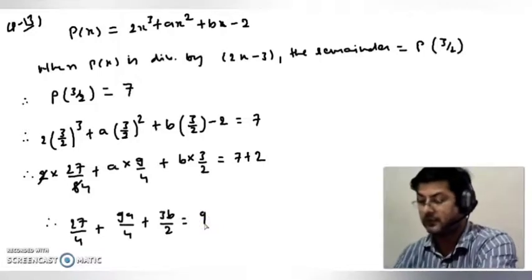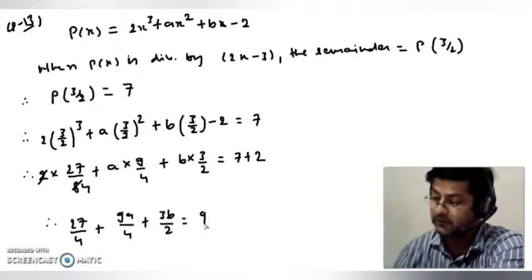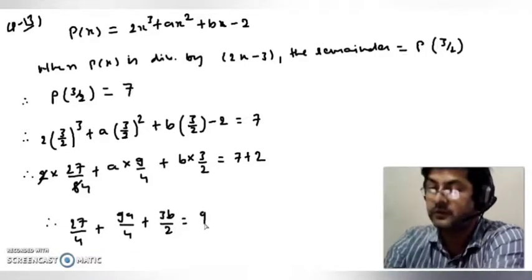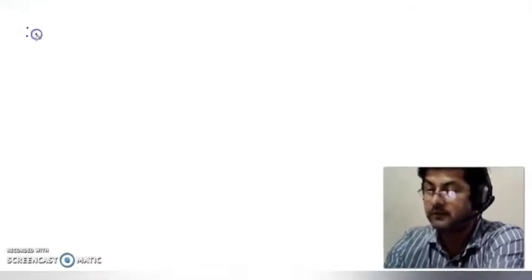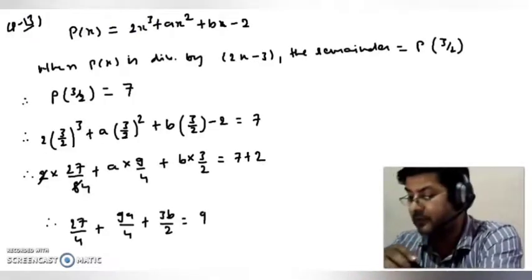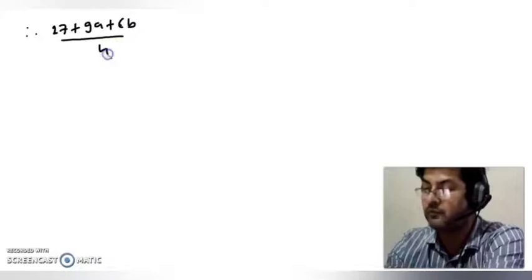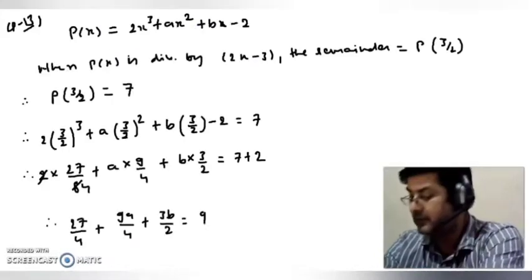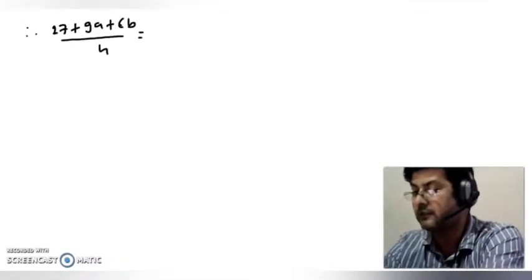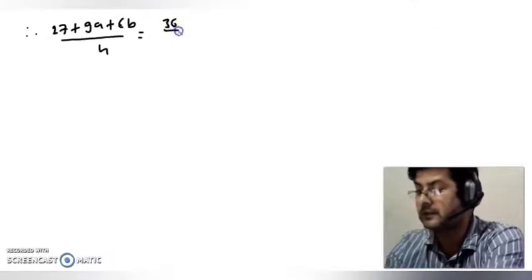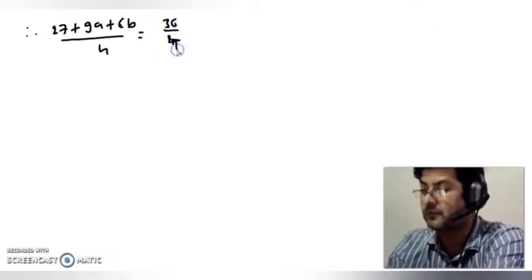Let us further solve. First, we can take 4 as the LCM, yes or no? Therefore, 27 plus 9a plus 6b upon 4 is equal to 9, 4 nines are 36, 36 upon 4, clear?